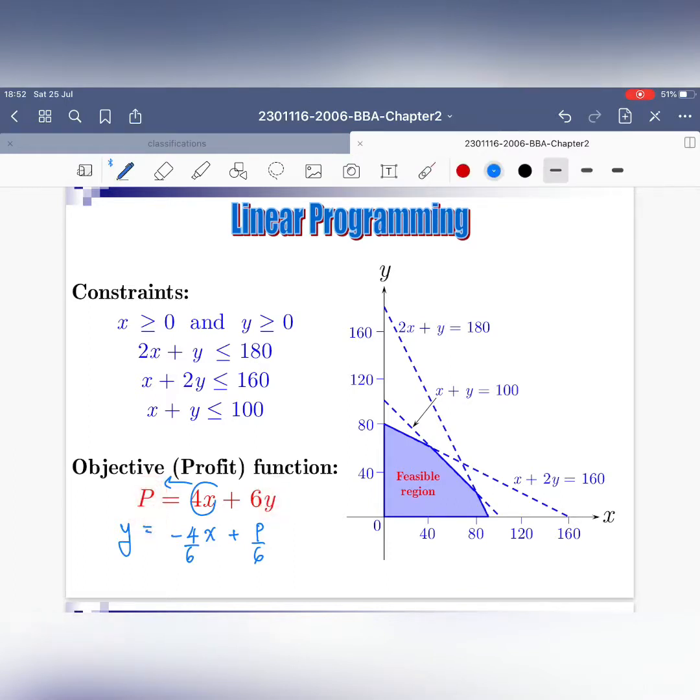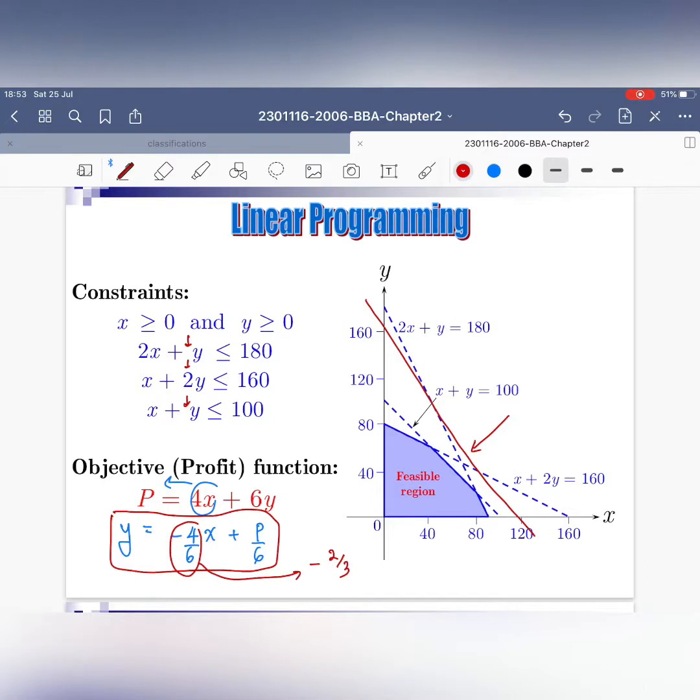So one of the lines representing this profit function can be this kind of line, and the slope is actually negative 2 over 3, which is not the same as the slope here or there or there. So this red line is not parallel to any of these constraints.